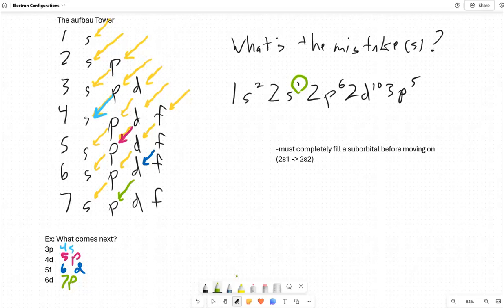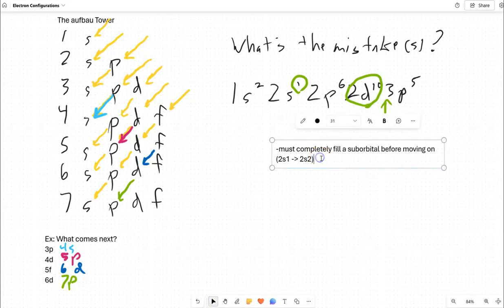From there, arguably, I'm going to say there's 2 other mistakes. This guy, and something's missing. Okay. So one of them, 2D does not exist.